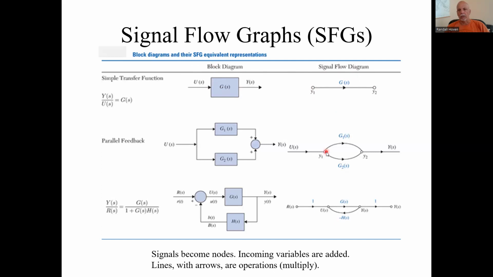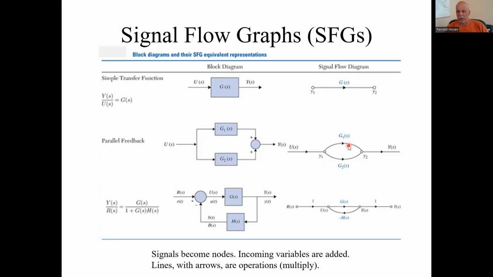Let's look at this. You have a signal Y1, and it has a G sub 1 up here. It's the same signal coming out of that. A signal goes into a process, the process does something to it, and it goes into another signal. This signal, Y1, has two branches.